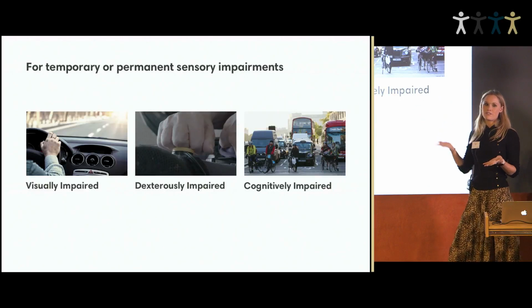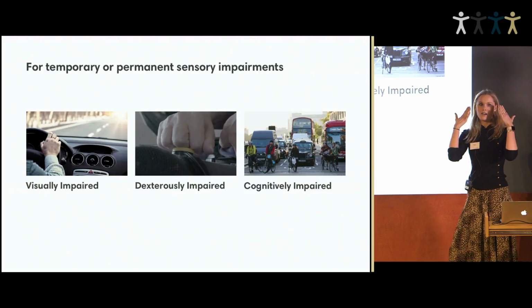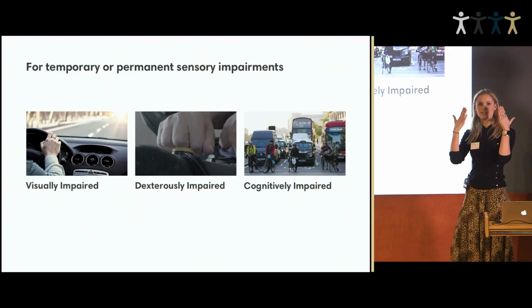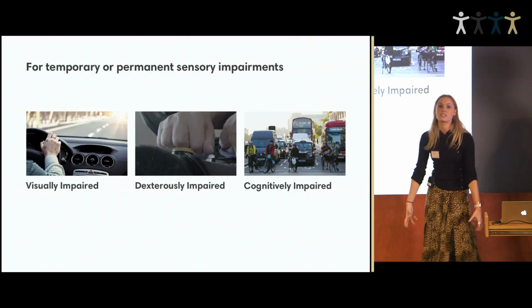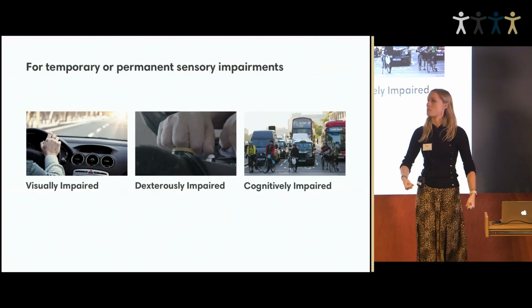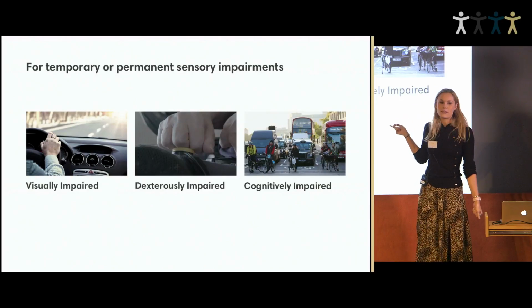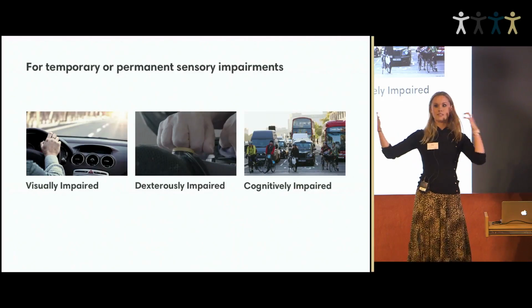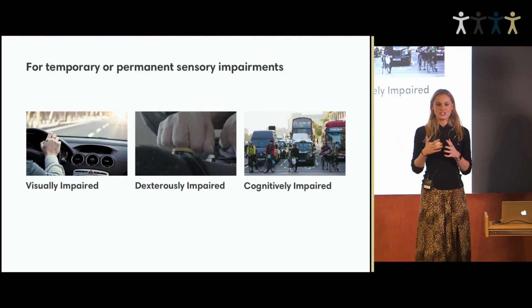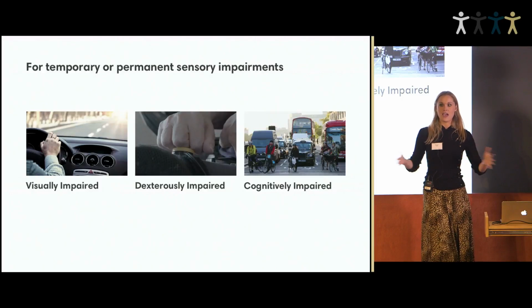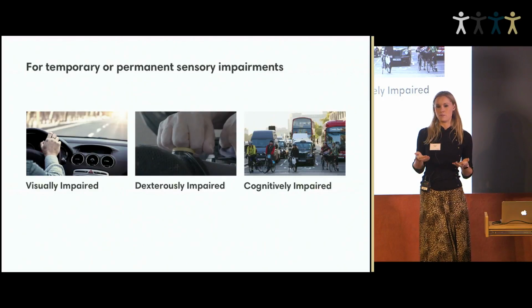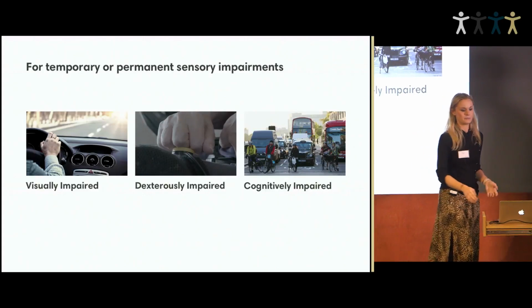When we're driving, our eyes are occupied and we're visually impaired. We can be dexterously impaired if we're carrying a load of shopping. Or cognitively impaired if we're walking down the street and lots of things are happening. So interfaces need to be designed for everyone, not just people in a permanent state.